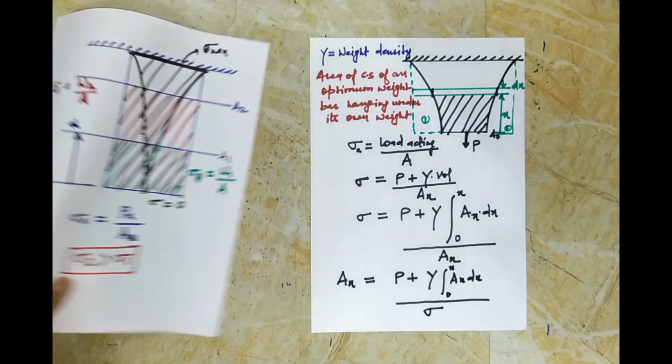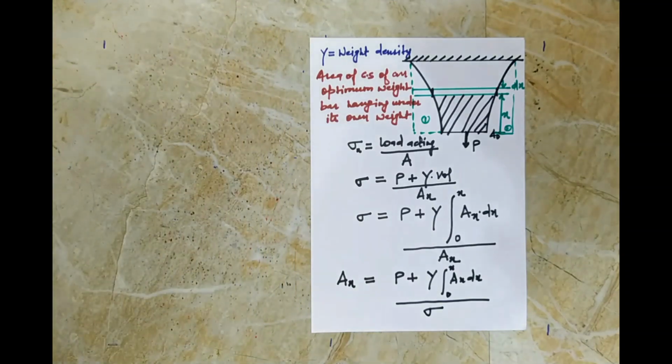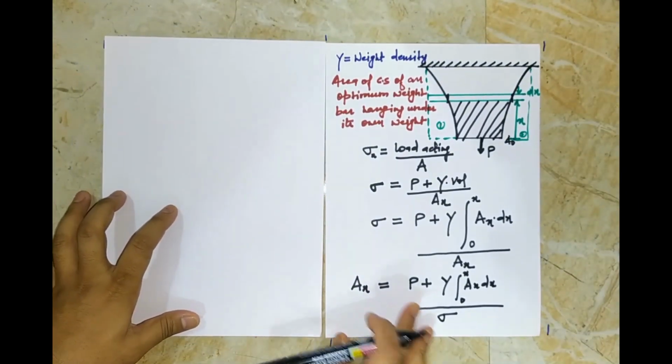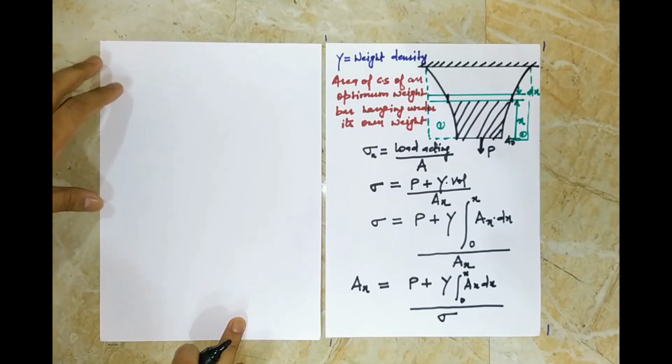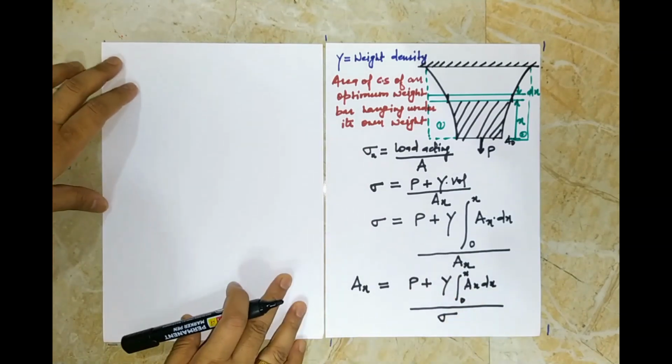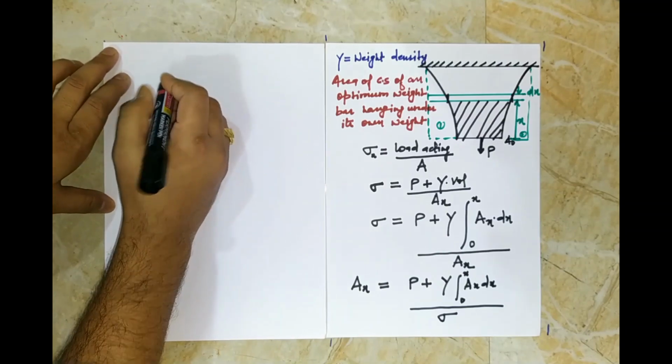We'll take a new page now. To avoid this integration sign, we'll just differentiate on both sides.